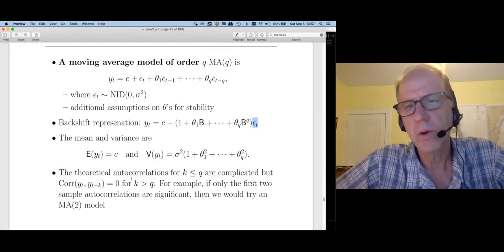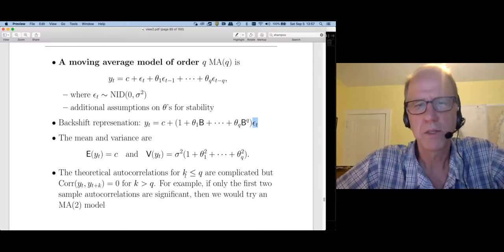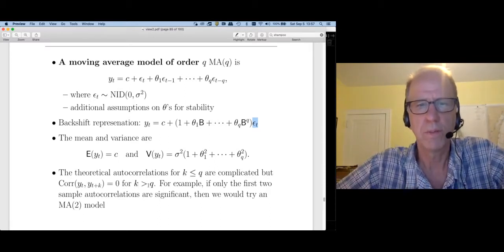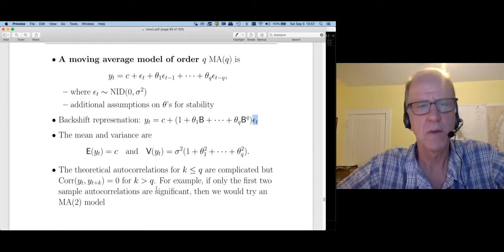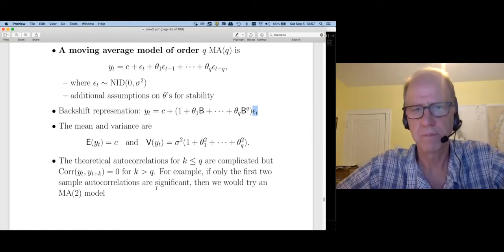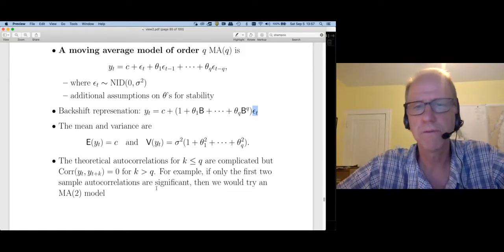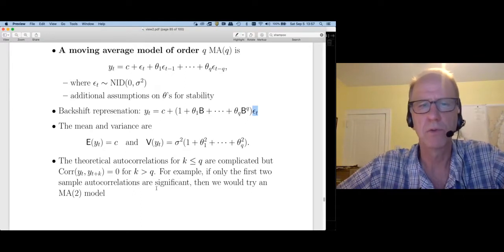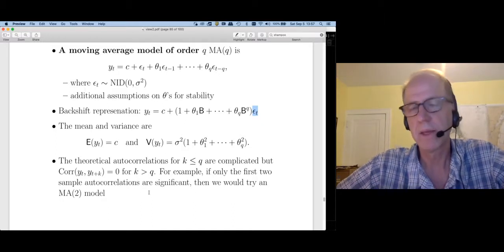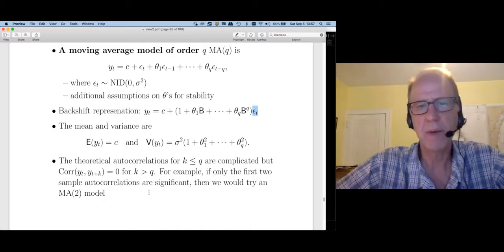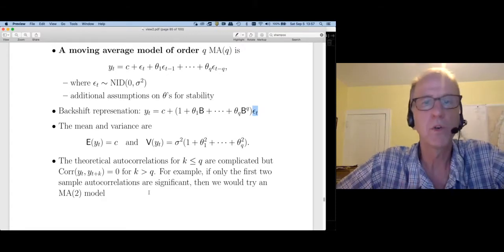The theoretical autocorrelation function is going to be equal to 0 for all values of k that are greater than q. So if we look at an ACF and let's just say the first two values of the autocorrelation function were significant, then that would be a signal that an MA2 model would be a good one.